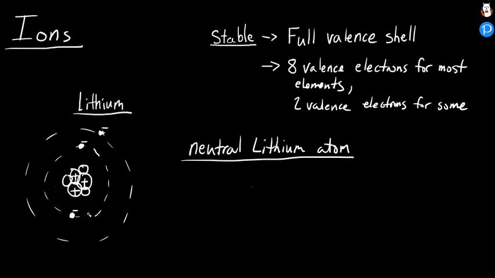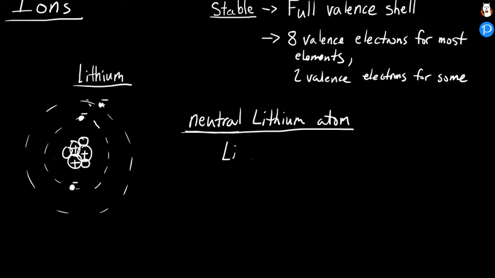Remember, electrons are negative. So there's 1, 2, 3 negative charges, and there's 1, 2, 3 positive charges. So the amount of positive charge and the amount of negative charge that this atom has cancel each other out. And so this whole thing actually has no charge at all. It's neutral because these charges balance each other out. It's neutral, and so we would just write lithium, there's the symbol for it, no charge necessary.